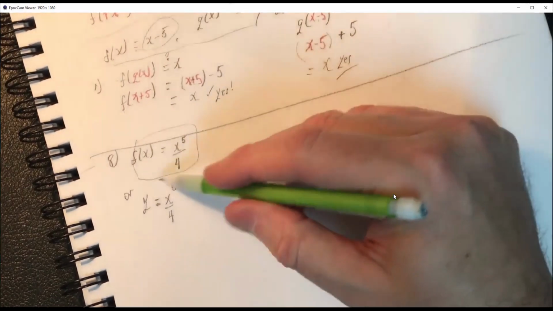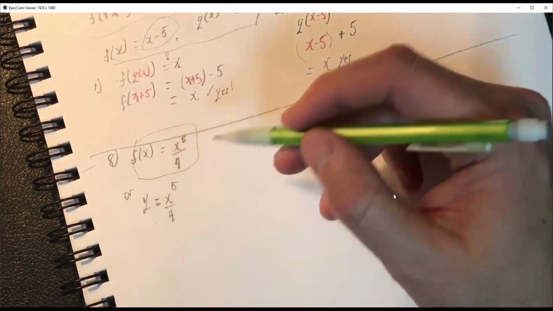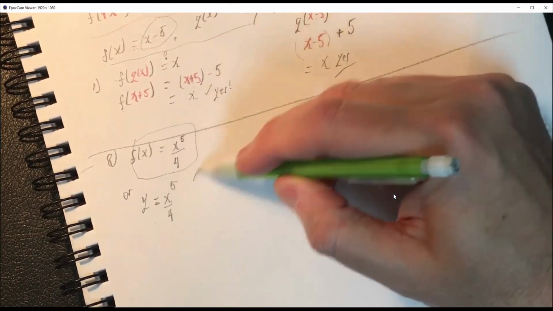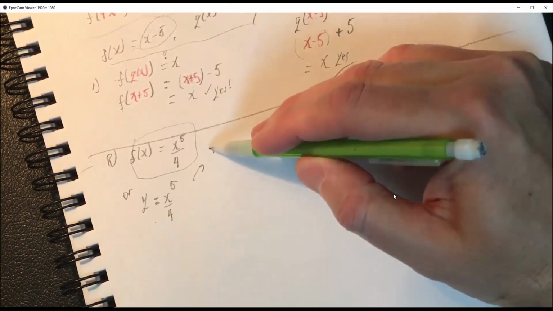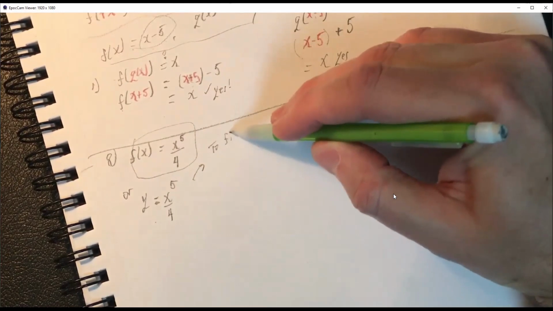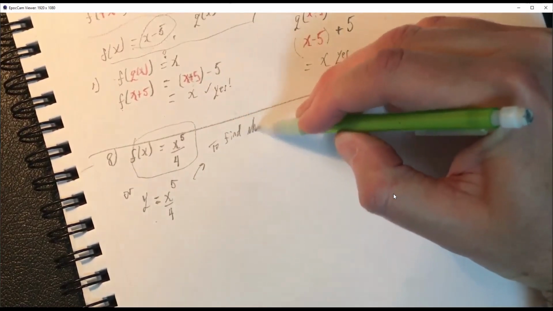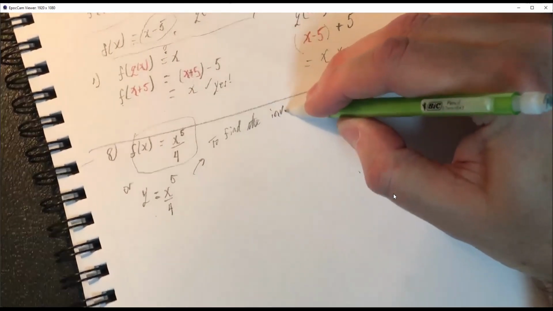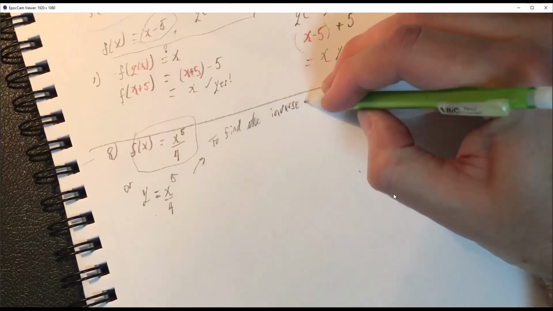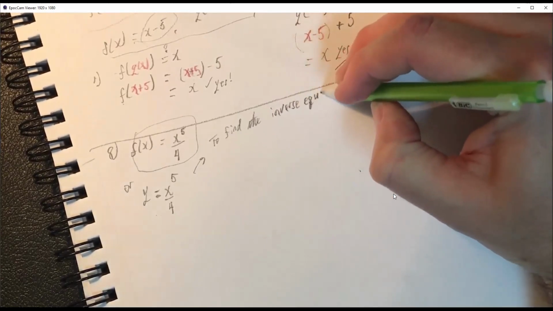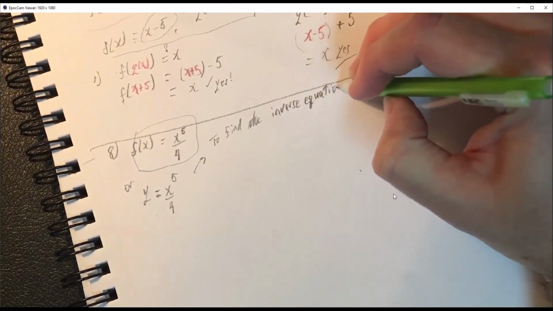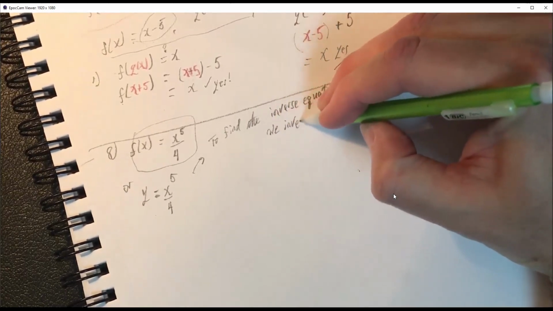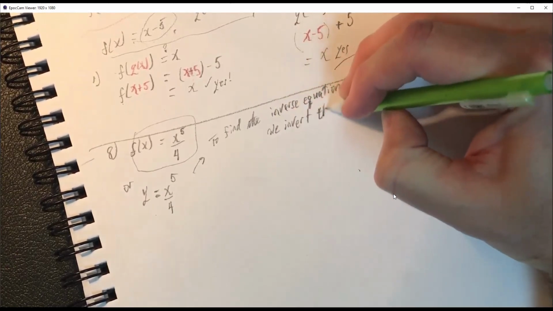And we want to change f of x to y simply so that when we invert to get the inverse equation, we invert the x and the y.